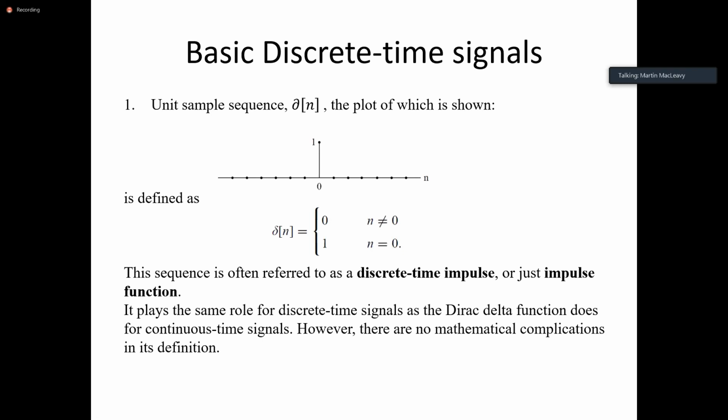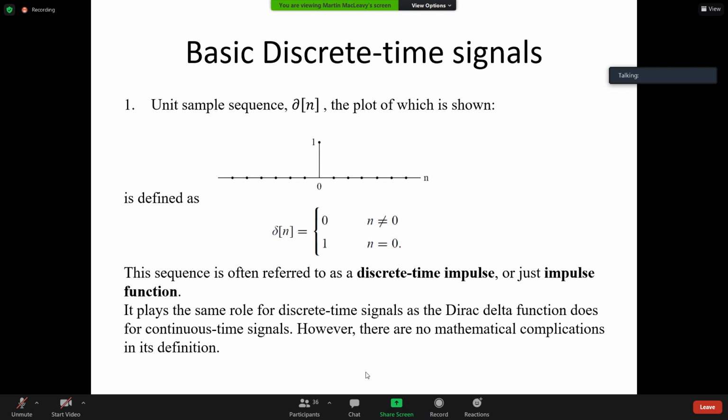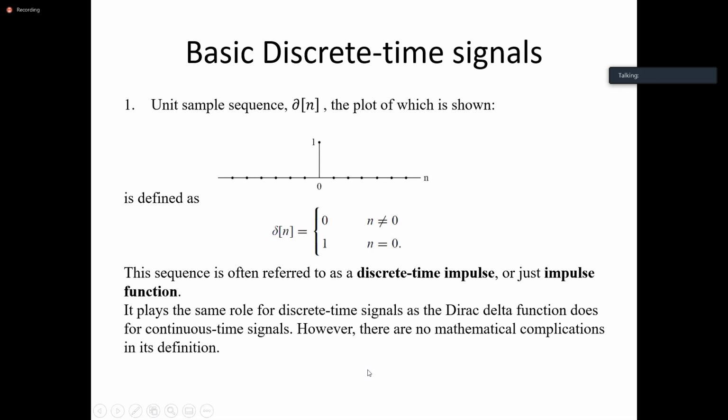You'll probably remember better. We have no such issue in discrete time. We cannot generate a Dirac delta function in continuous time. It's very easy to create your delta function in discrete time. And in discrete time, we can do quite a lot with our impulse function.